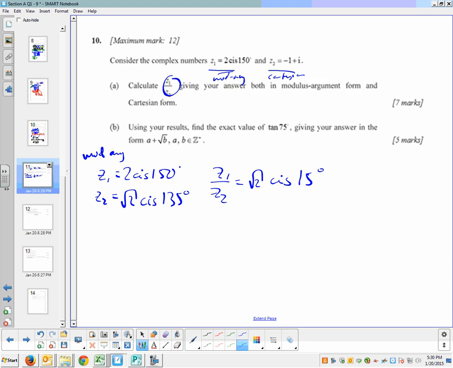And then you do something similar. You do them both in Cartesian. Evaluate Z1 in Cartesian form, and you get minus root 3 plus i. Z2 is already in Cartesian form. You do that division again.